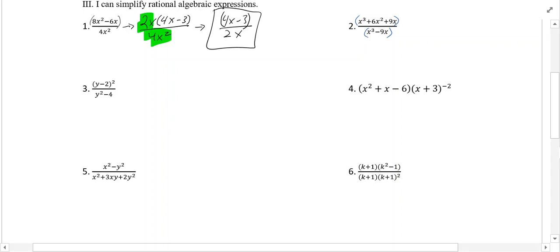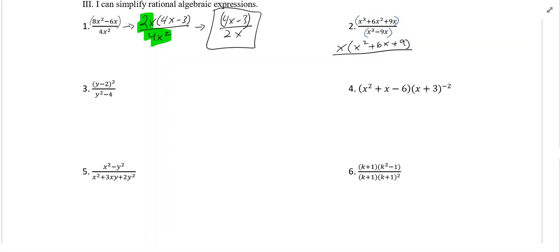So in this case here, there is one. On the top, the numerator is x. So when I factor out that x, I'm left with x squared plus 6x plus 9 over, okay, and then on the bottom here, the GCF we have here is also x. So I'm going to factor that x out, and I'm left with x squared minus 9.